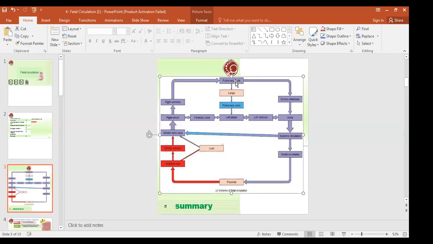So part of that goes to the lung, and the maximum blood is bypassed to the ductus arteriosus, and then from there it will join the systemic circulation through the aorta.